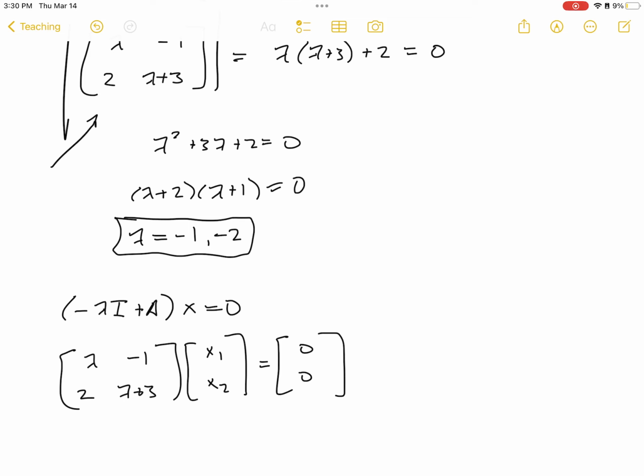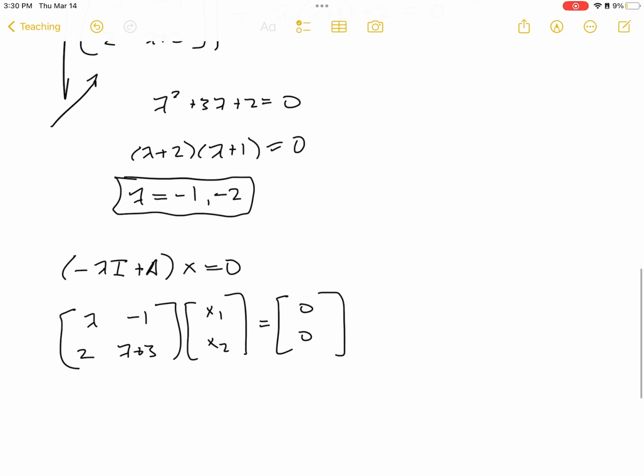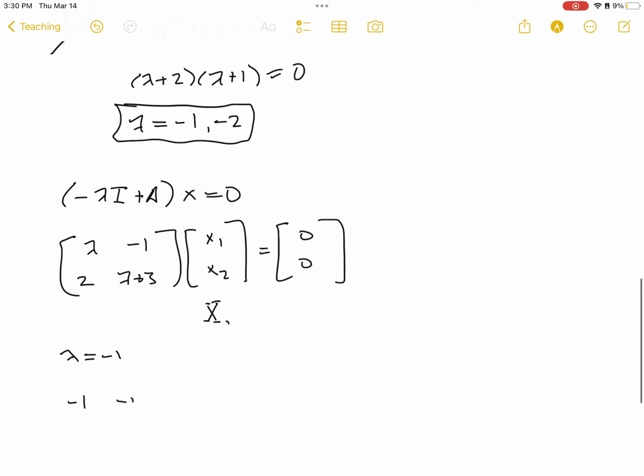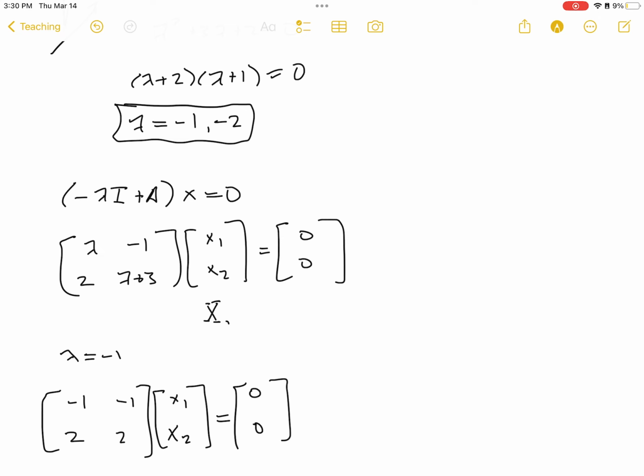And now we can plug in each value of lambda, minus 1 and find a vector, and minus 2 and find a vector to get the associated eigenvectors. So let's go ahead and find capital X1. If we say lambda equals minus 1, we plug that in. Minus 1, 1, 2, minus 1 plus 3 is 2. x1, x2 equals 0, 0.